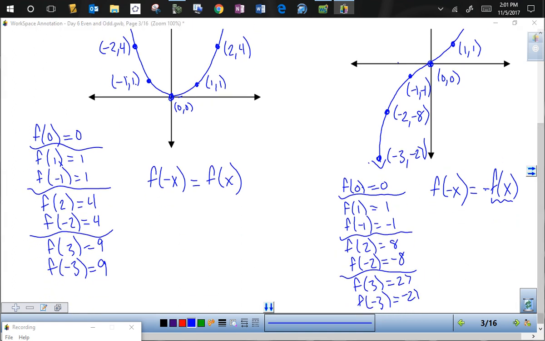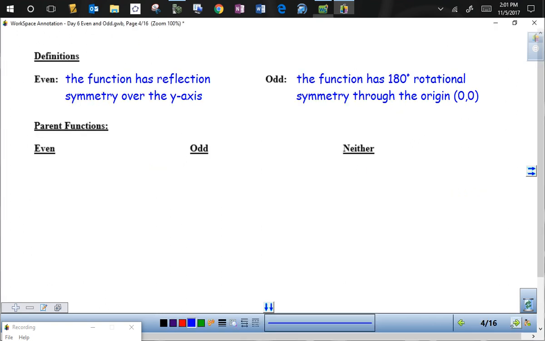So, let's talk definitions. We've got even and odd. Now that we know what they are, let's write it down. Definition, even is a function that has reflection symmetry over the y-axis. Okay, that's geometrically, and algebraically we will say it is even if f of negative x is equal to f of x.